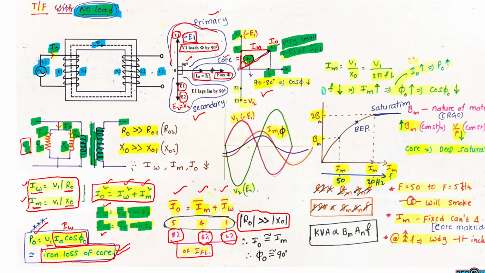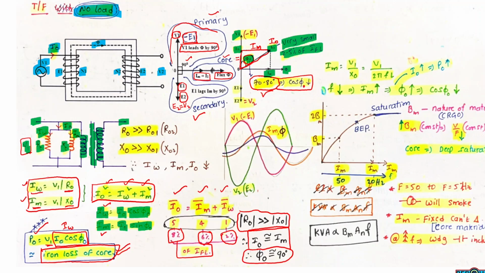Phi naught can vary from 70 to 80 degrees, or it can be very near to 90 degrees also. So the no load current is almost equal to the magnetizing current IM, which is almost in phase with the flux in the transformer core. As the angle is very high, the power factor will be very low.